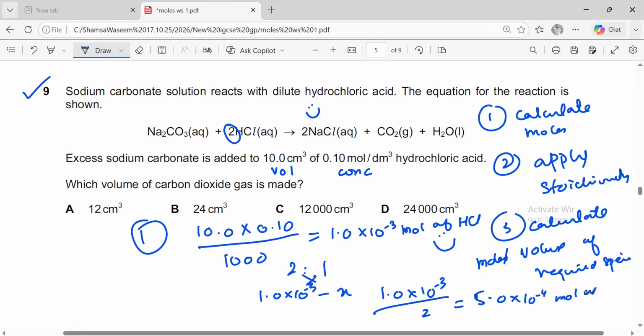Once you got the moles of carbon dioxide, you just have to multiply by 24,000 centimeter cube because they just want the answer in centimeter cube, right? So either you multiply by 24, then further by 1000, or you could just multiply directly by 24,000. So we'll get the answer in centimeter cube, right?